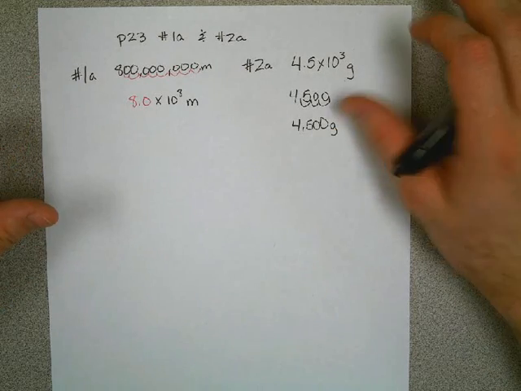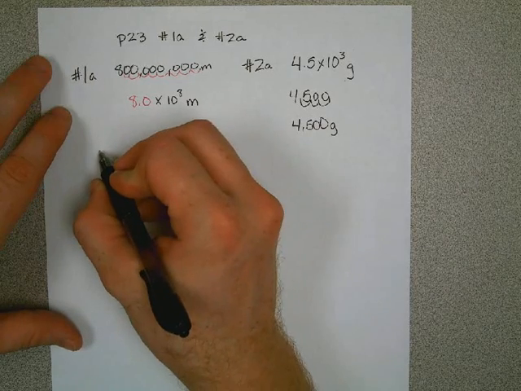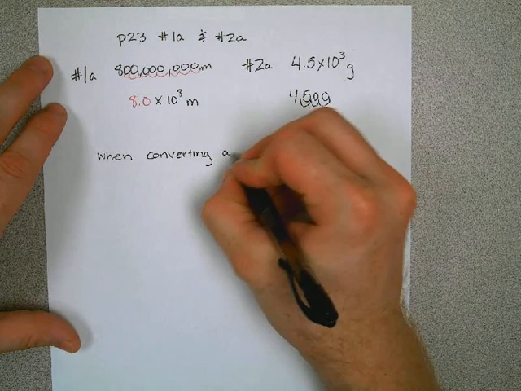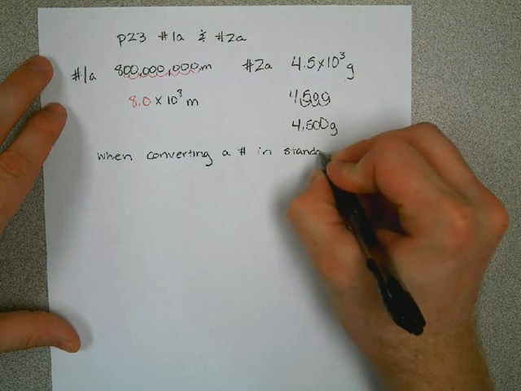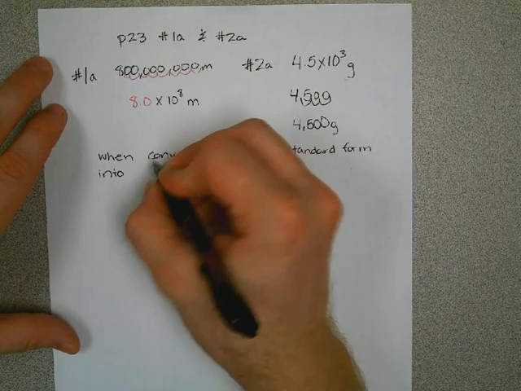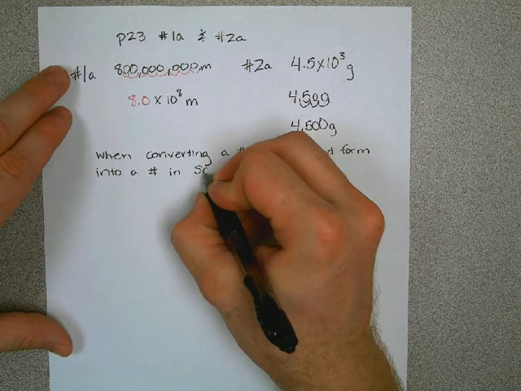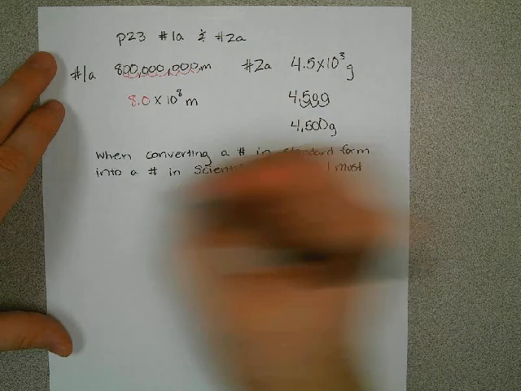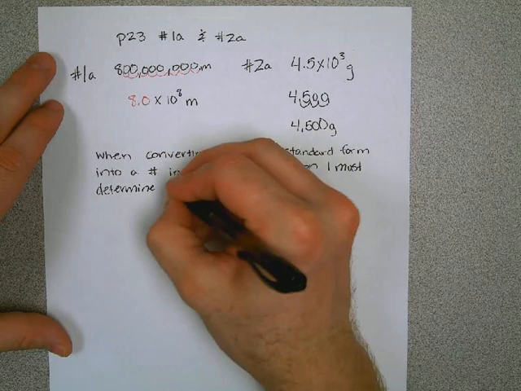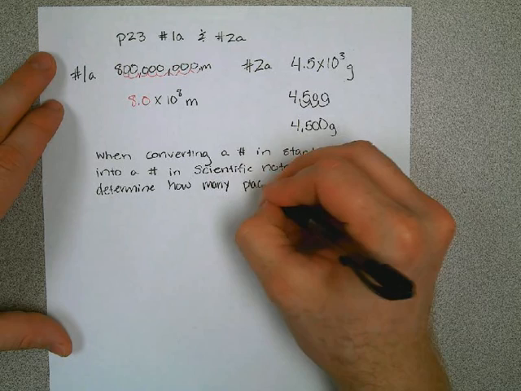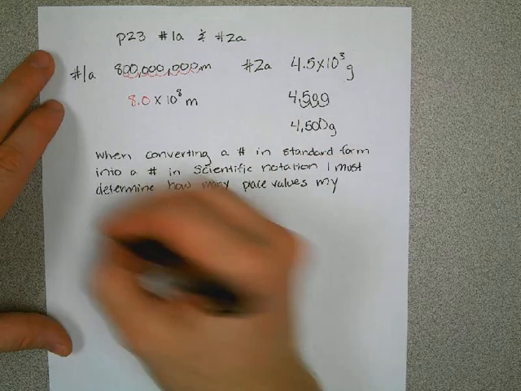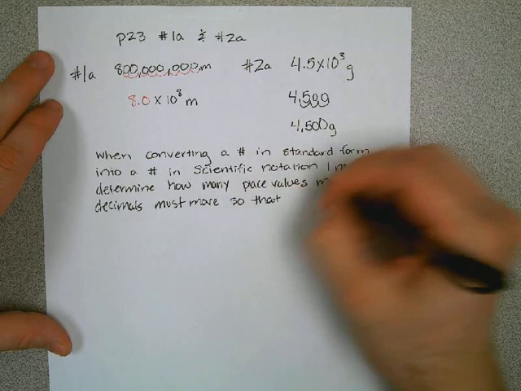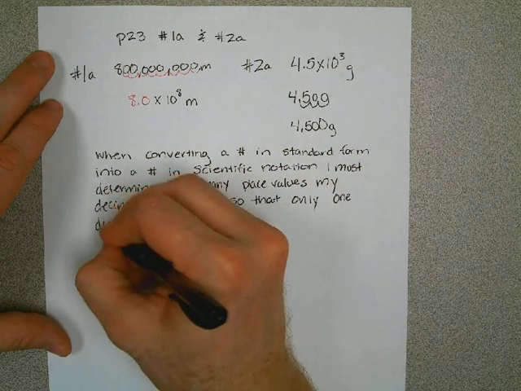So here I'm going to state, when converting a number in standard form into a number in scientific notation, I must determine how many place values my decimal must move so that only one digit is to the left of the decimal.